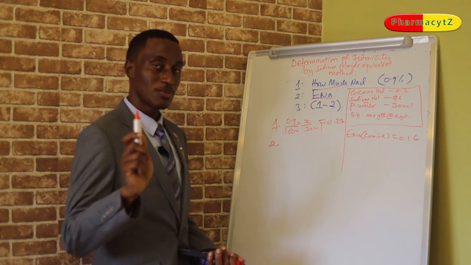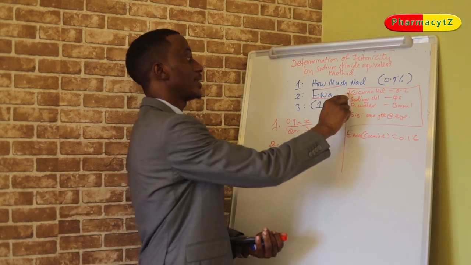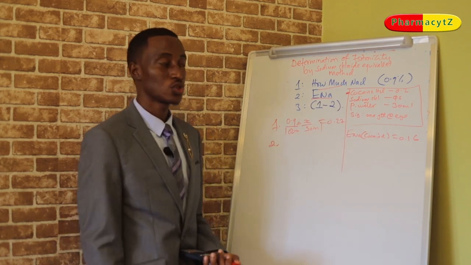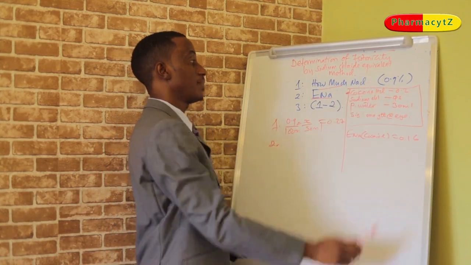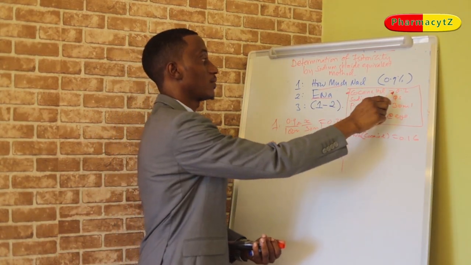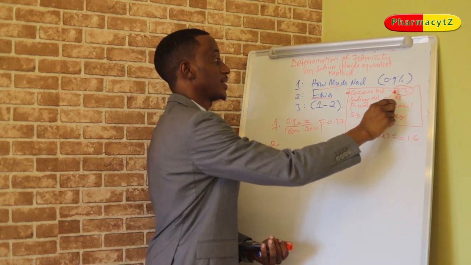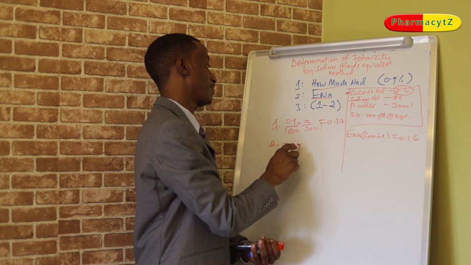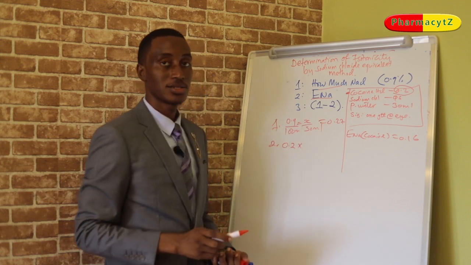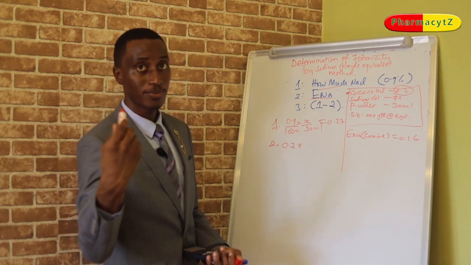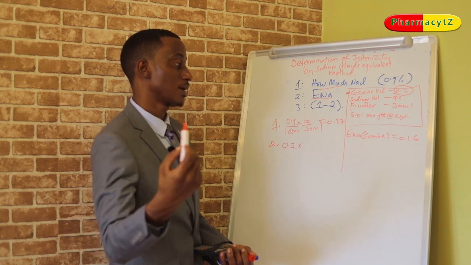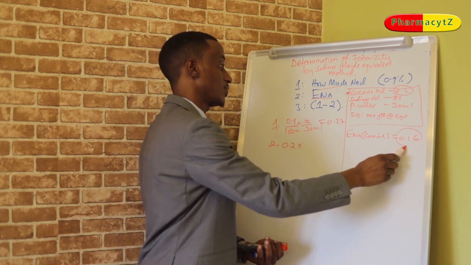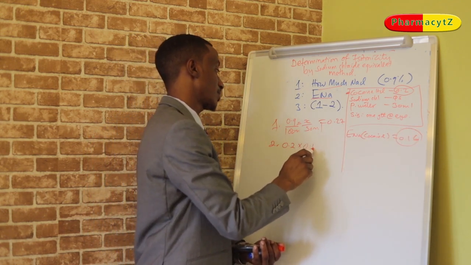Step number 2, find the sodium chloride equivalent. This is the sodium chloride equivalent of the ingredients mentioned in the solution. What is the main ingredient here? This is cocaine hydrochloride. Its percentage is 0.2%. This should be multiplied by its sodium chloride equivalent from the table, which is 0.16.